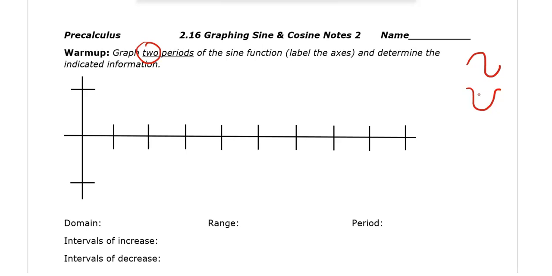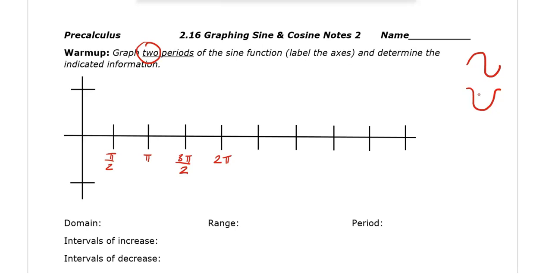So if this is 1, 2, 3, 4, 5, 6, 7, 8 sections that I'm going to use, I could call this one pi over 2, this one pi, 3 pi over 2, and then 2 pi. So there's my unit circle going along my axes.